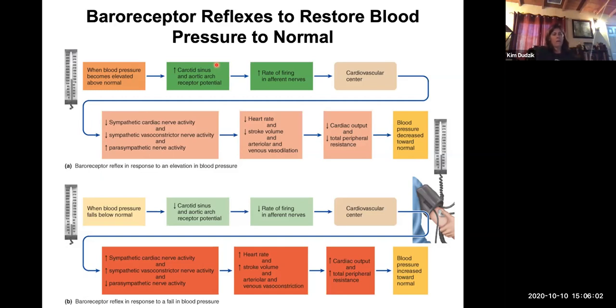And then I said there's a subcategory called baroreceptors. So this is them. These are the receptors that respond to the pressure of the fluid in your cardiovascular system.